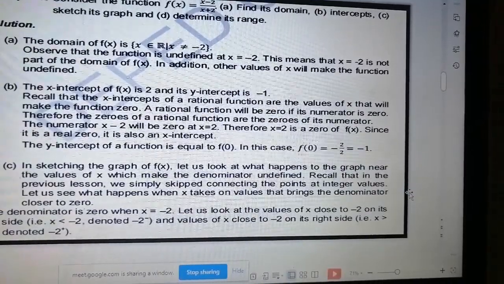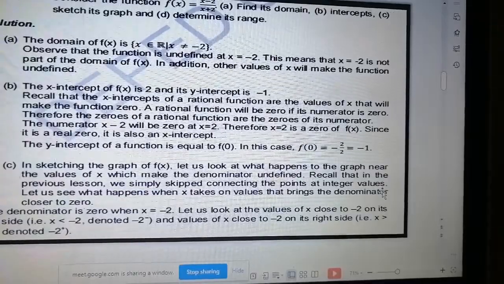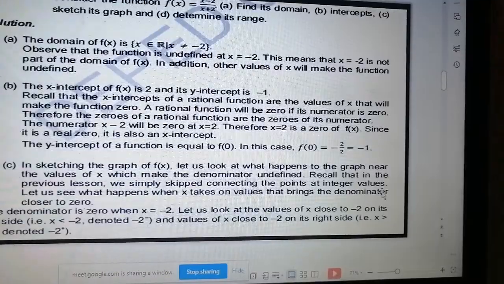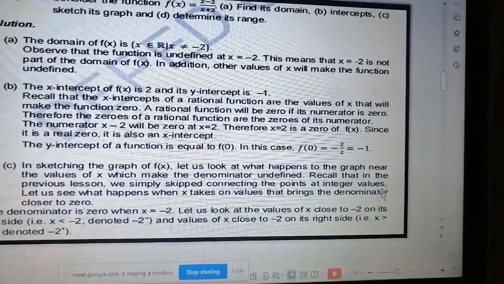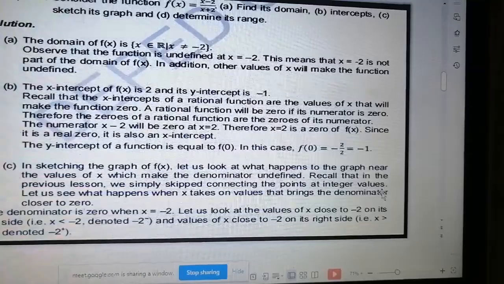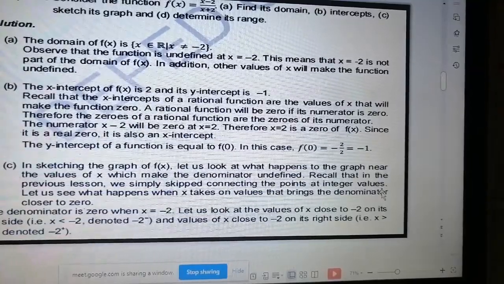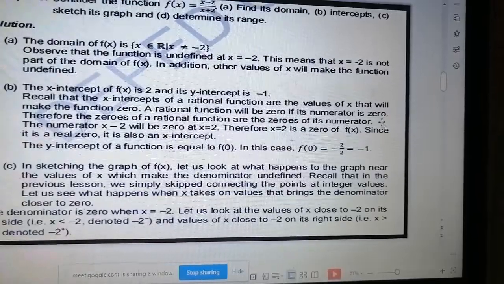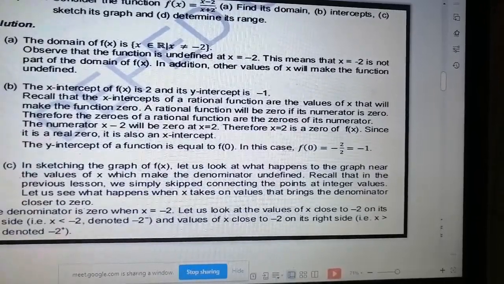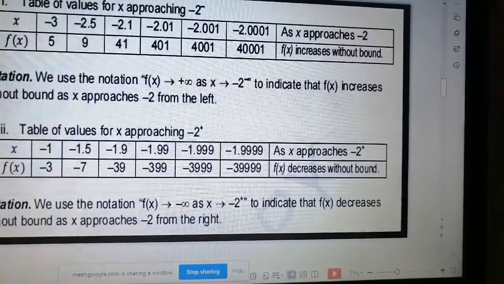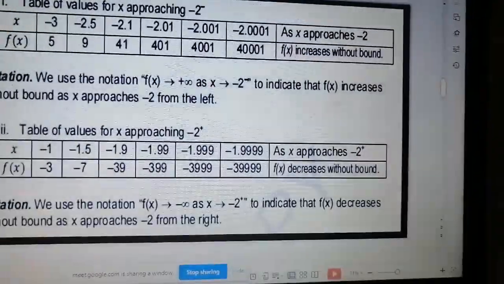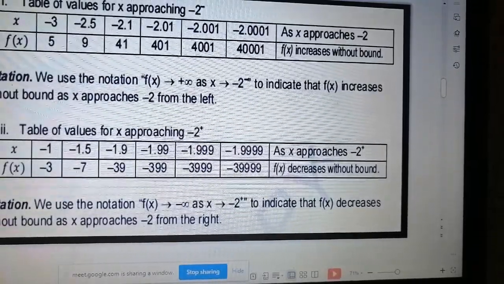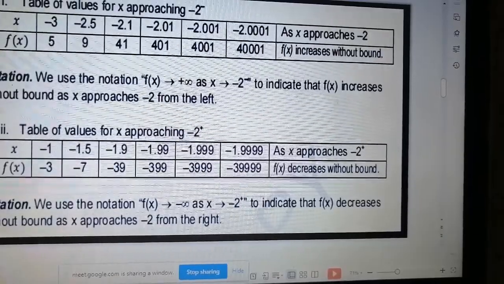For example, x less than negative 2, denoted negative 2 minus, and values of x close to negative 2 on its right, for example x greater than negative 2, denoted as negative 2 plus. Okay, next tayo. Look at this table. Okay, yung table natin, tingnan nyo. Table of values approaching negative 2.